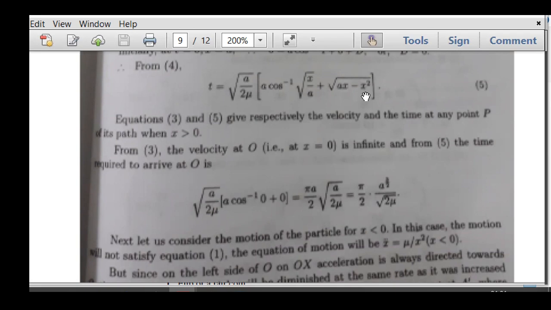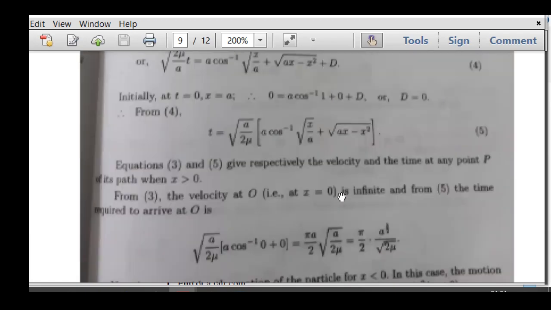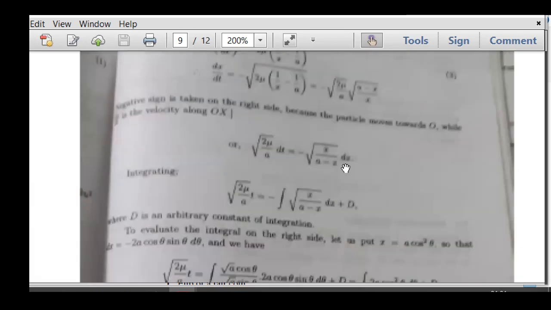Obviously, if you put x equals 0 here, dx/dt, from equation 3, as x is in the denominator, dx/dt will be infinite. What does it mean physically? Whenever it reaches the center of force, it has infinite velocity.